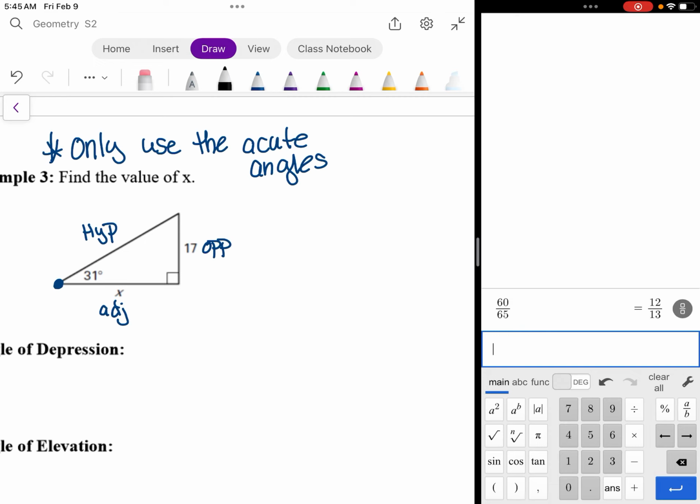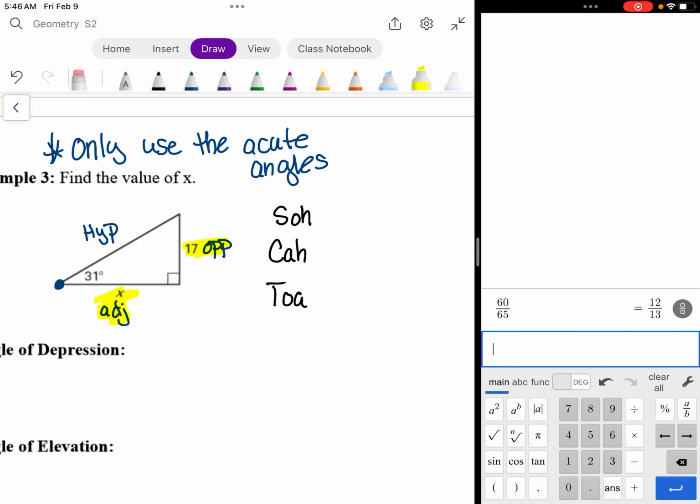Then you're going to figure out which one of our three trig ratios we are going to use. If we look at our triangle, we were given the length of the opposite, and we are looking for the length of the adjacent. So we're going to look at our three trig ratios to figure out which one uses opposite and adjacent. And that is going to end up being our tangent function.